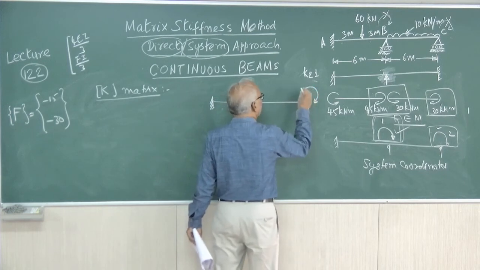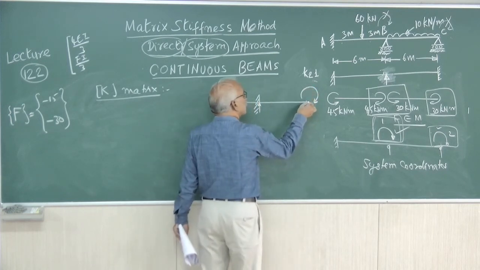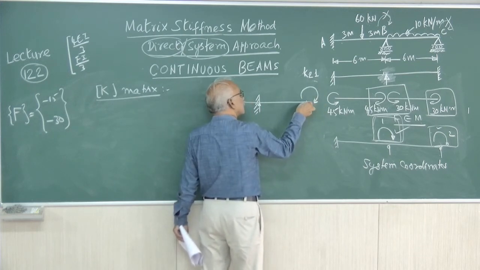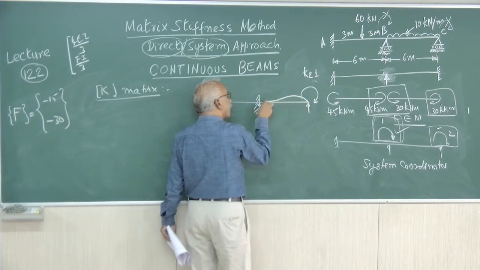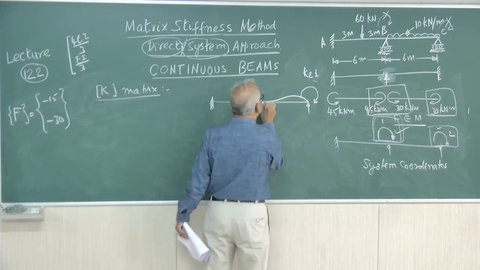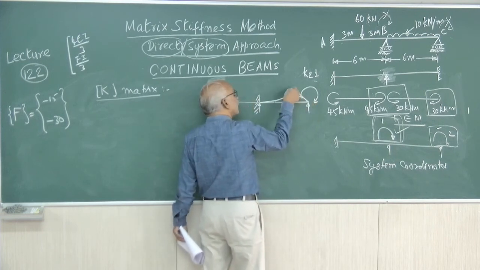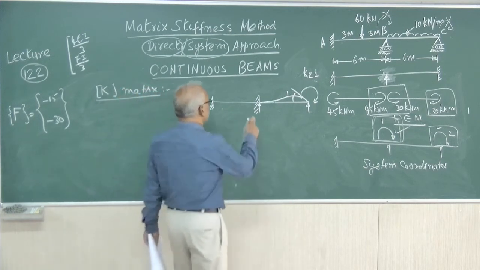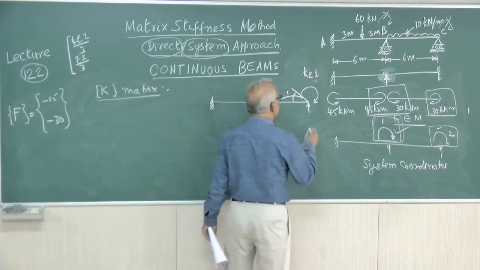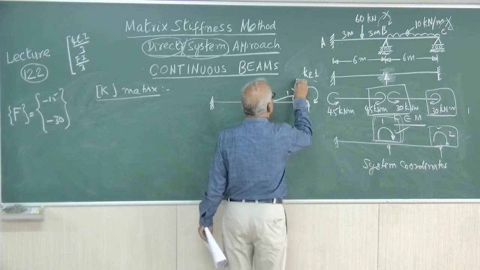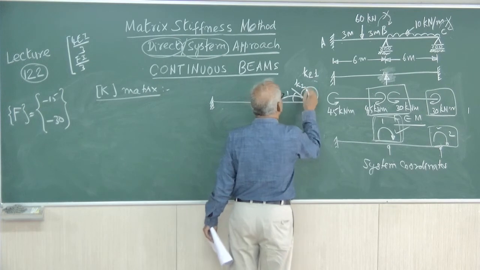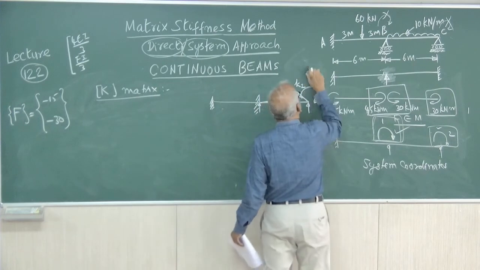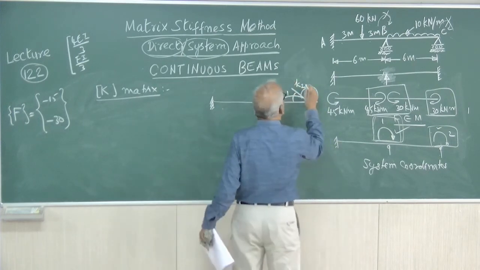Now here we have to allow unit displacement, corresponding to this the displacement is that of rotation. So here it is 0, only this displacement equal to unity, and here it is arrested. So the force developed here will be the force developed at coordinate 2 due to unit displacement along coordinate 2.